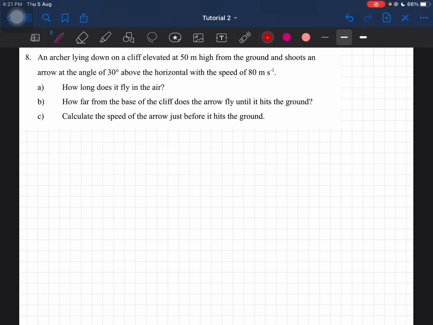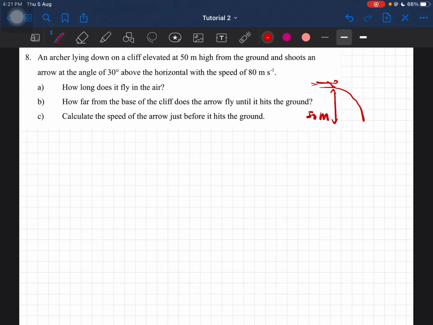Okay, so this archer is lying down on a cliff, something like this, and then this is 50 meter, and then the archer is here. They lie down.